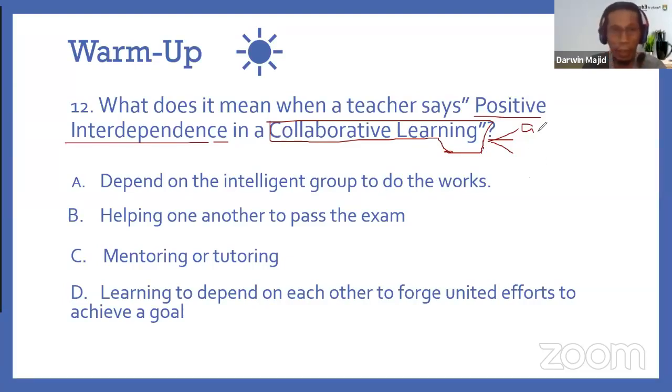Learning can also be attested as a product of a test. That's why you're giving a test, so to be able to check how far they learn. Then, mentoring or tutoring, again, that is collaborative learning. Positive interdependence. Lahat halos ito is possible answer.